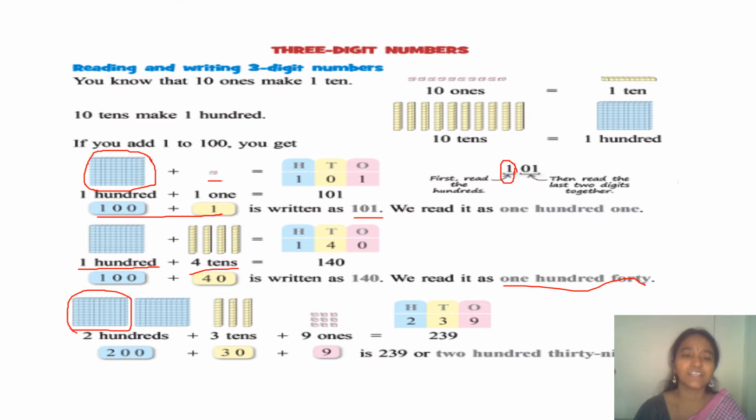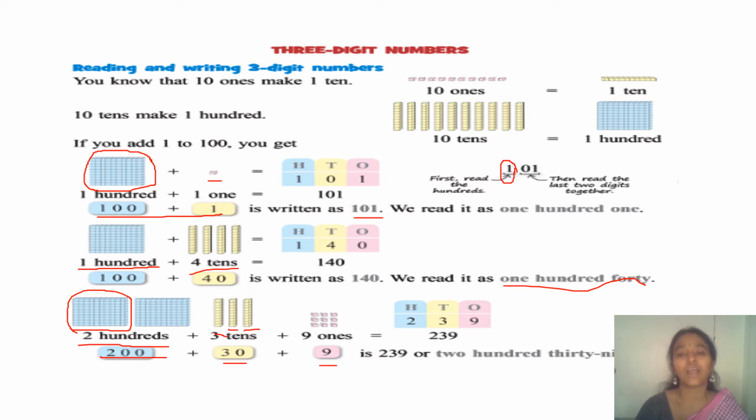Next, here two squares are there, each consisting of 100 small squares. So in total, how many hundreds? 2 hundreds, right? And how many tens? 3 tens, right? 1, 2 and 3. So 30. Next, how many ones are there? You could see ones also, okay? 9 ones are there.